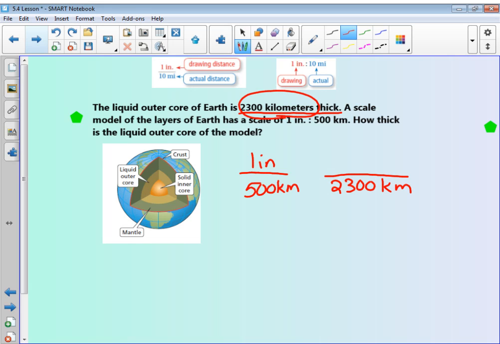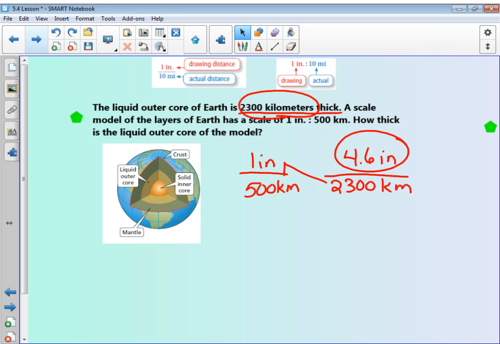Cross multiply, divide. So 2,300 times 1, divided by 500, gives me 4.6 inches. So if I'm making this model, I need to have that liquid outer core be 4.6 inches thick.